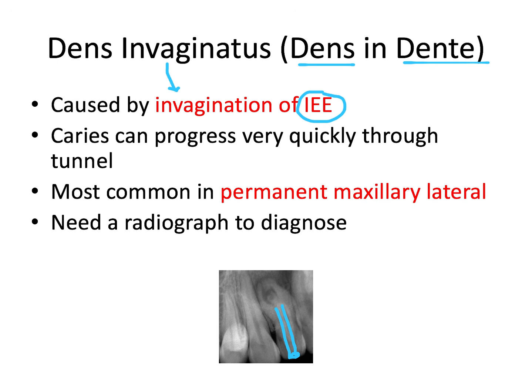It's most commonly seen in permanent maxillary laterals. So our maxillary laterals are coming up a whole lot in this video in terms of things that can go wrong with them. And that's true. I don't know if there's some sort of genetic link there, but they're definitely the star of the show in much of these diagnoses, unfortunately.